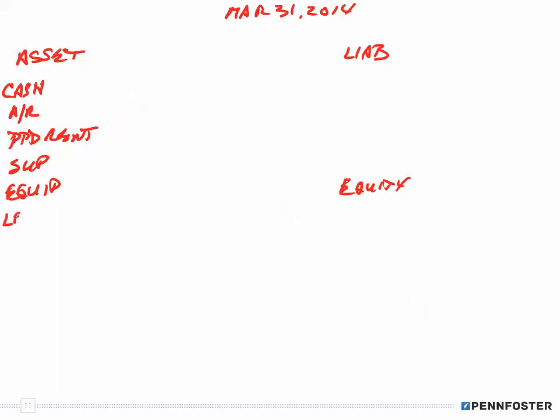less accumulated depreciation, equipment. Writing the word less means that we're going to have a deduction here, and of course it's accumulated depreciation, and the general ledger account name is accumulated depreciation dash equipment.